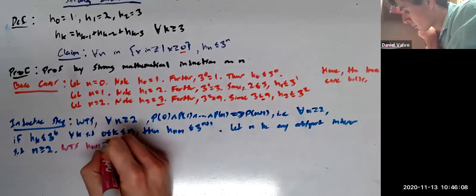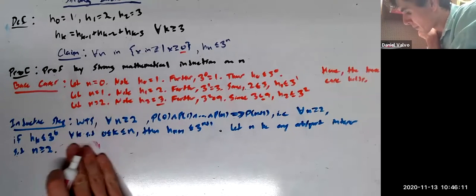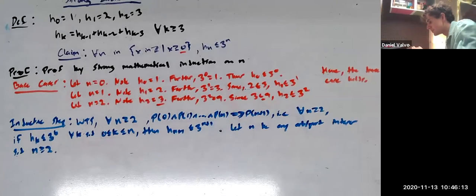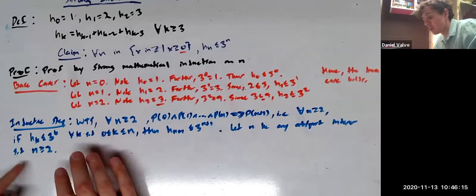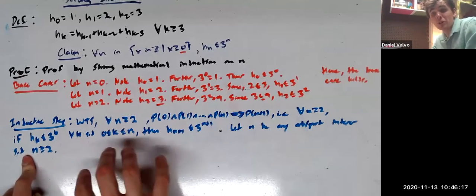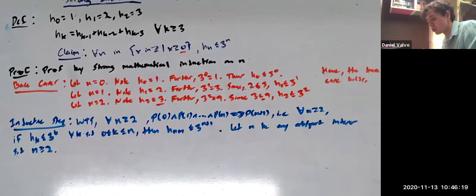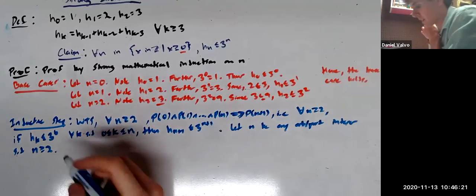Oh, I'm sorry, I'm getting ahead of myself. Now, for every n greater than or equal to 2, we want to show that if the claim holds up to n, it'll hold for n plus 1. So here's when we make what's called the inductive assumption.